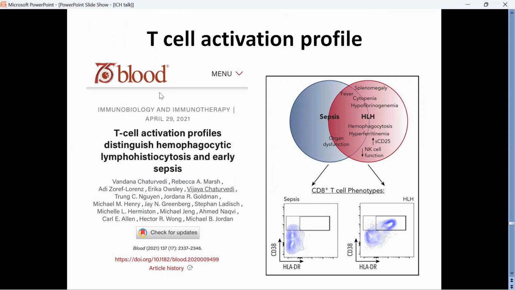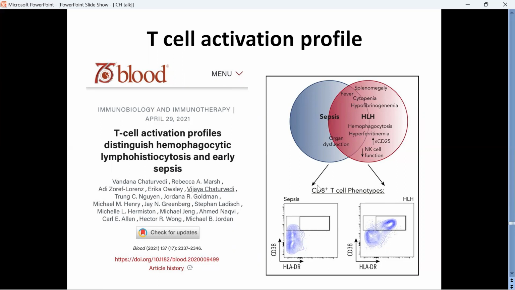The other way, which has been a beautiful paper in Blood, is to suspect HLH and to differentiate HLH from sepsis by the T cell activation profile. In patients with elevated ferritin, triglycerides, low fibrinogen, where you have a differential of sepsis and HLH, when you do this T cell activation profile, you can differentiate them effectively by flow cytometry.